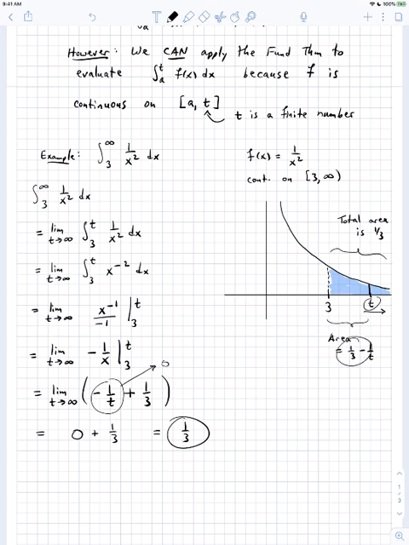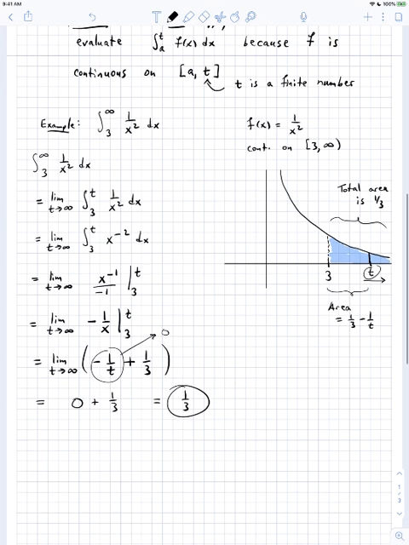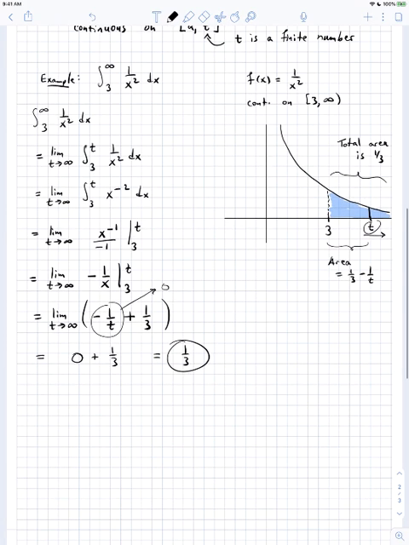So the limit is 1/3. And so that means that this infinitely long region going from 3 to infinity actually has a finite area, an area of 1/3. Let's do another example.